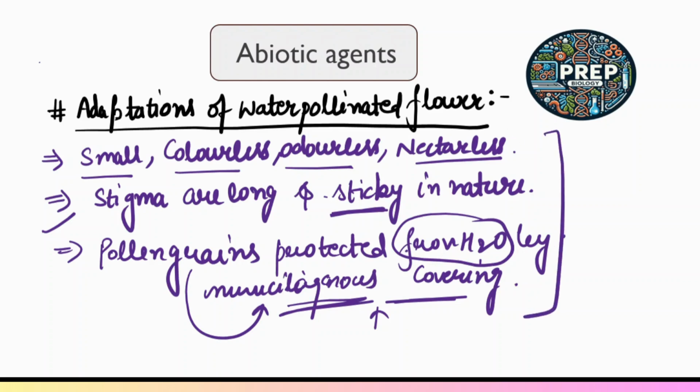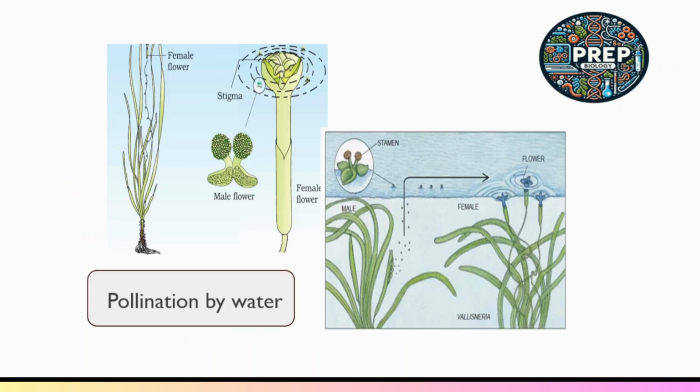Now let us discuss the examples of water pollinated flower. There are two kinds of examples: first in fresh water and second in marine water. In fresh water we have examples very important from your board exam point of view.